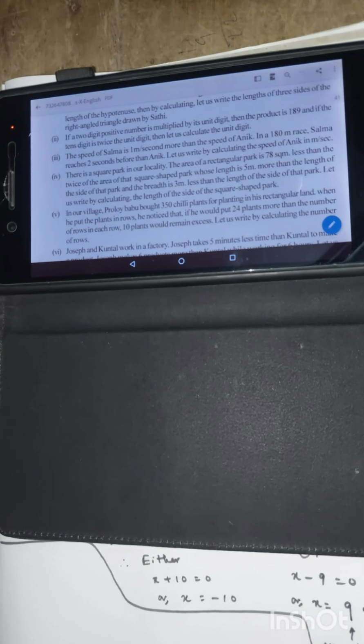Let us read it again. There is a square park in our locality. The area of a rectangular park is 78 square meter less than the twice of the area of the square shaped park, whose length is 5 meter more than the length of the side of the park, and breadth is 3 meter less than the length of the side of the park.